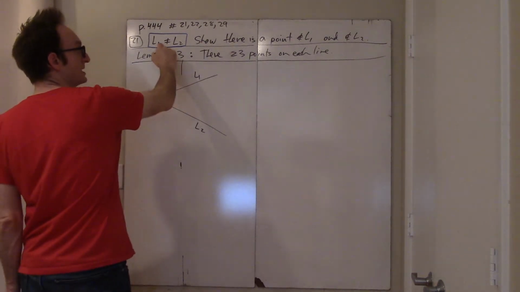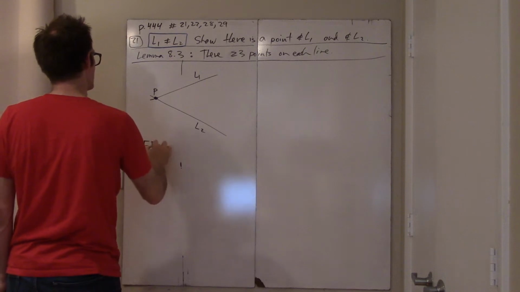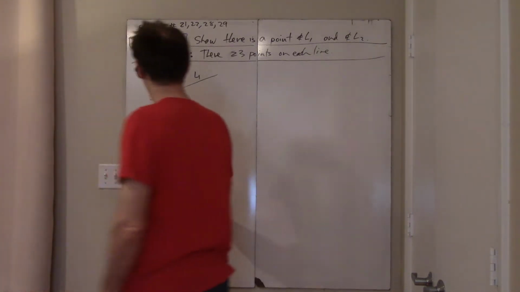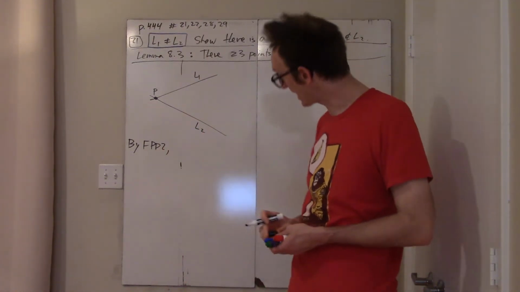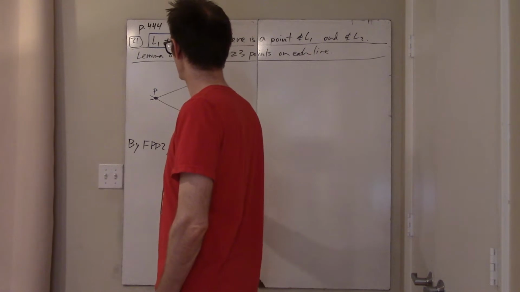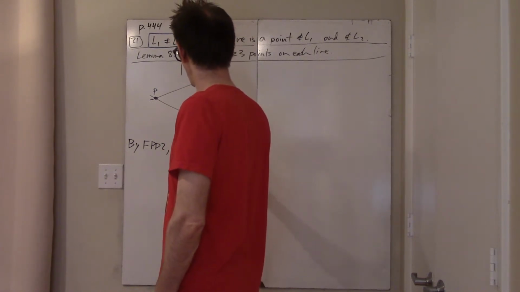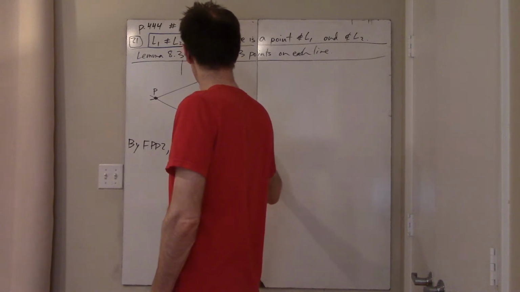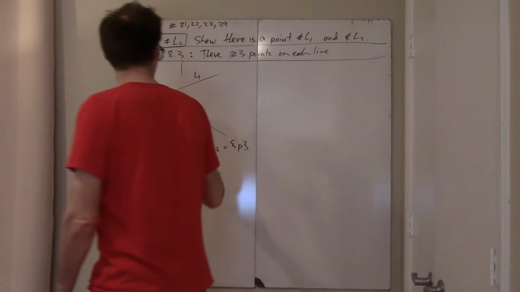So note that we need to know that they're different. So by FPP2, FPP2 says every 2 distinct lines intersect at exactly 1 point. So by FPP2, let the intersection of L1 and L2 be this point P. Okay, so what do I know about this point P?